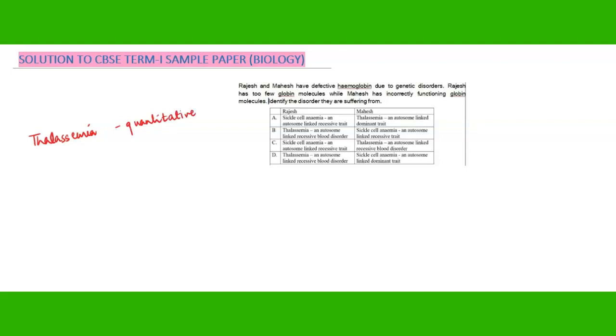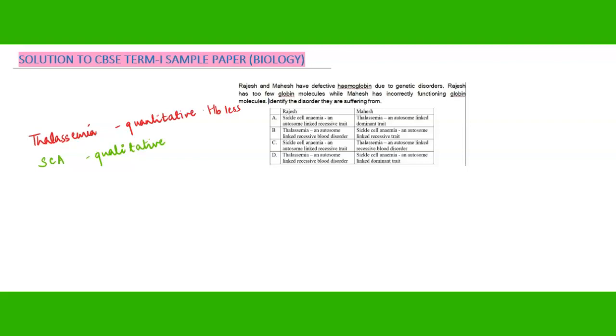And it is very much mentioned clearly in the NCERT, whereas sickle cell anemia is a qualitative trait. Means in thalassemia, the amount of hemoglobin will be less. This is the logic, whereas there would be a problem in the quality of hemoglobin in sickle cell anemia.